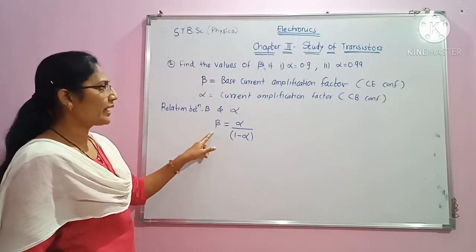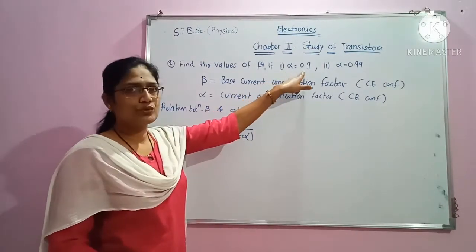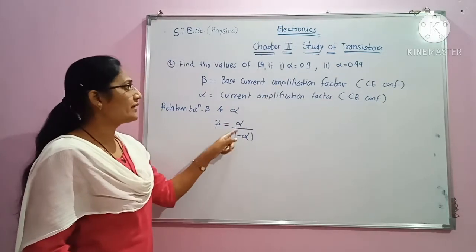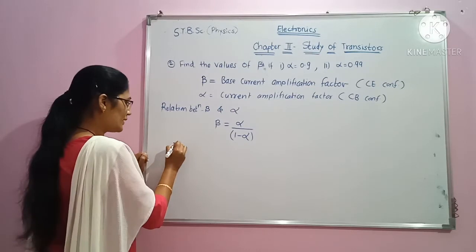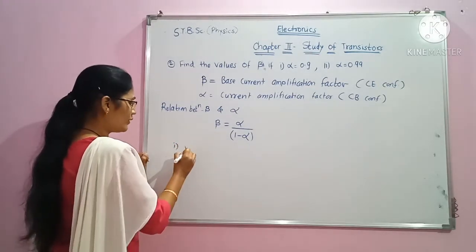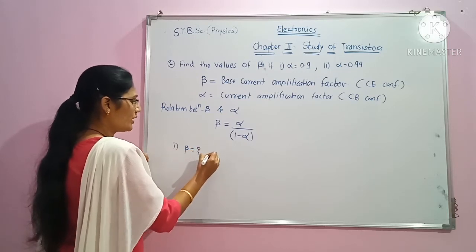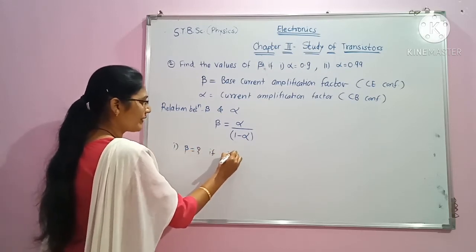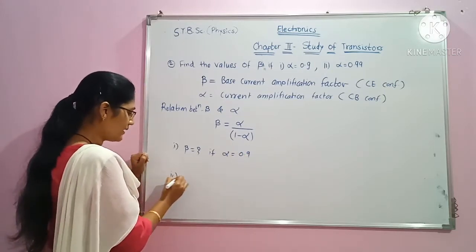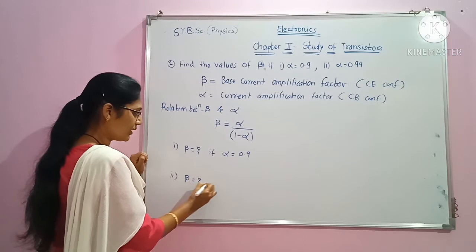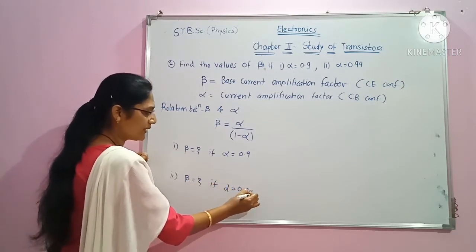Now we have to calculate the value of beta for alpha equal to 0.9 and for alpha equal to 0.99. So the first case is that beta is equal to how much if alpha is equal to 0.9, and the second case is that beta is equal to how much if alpha is equal to 0.99.